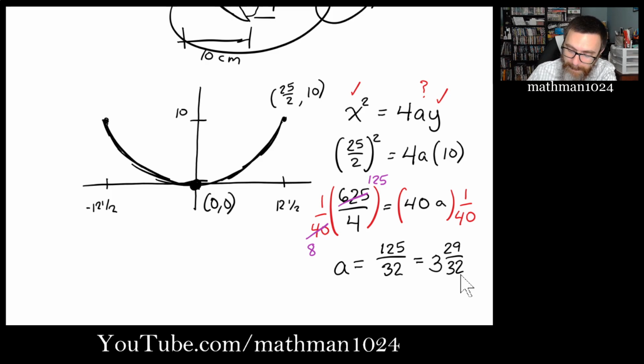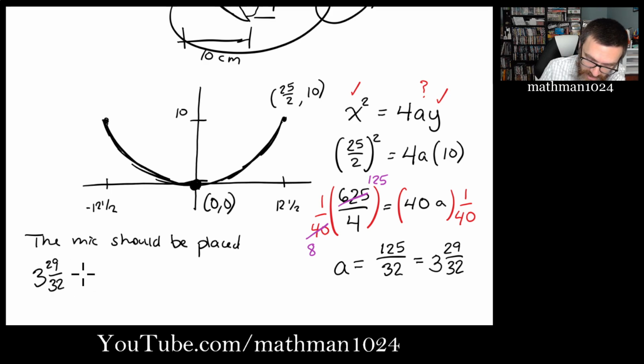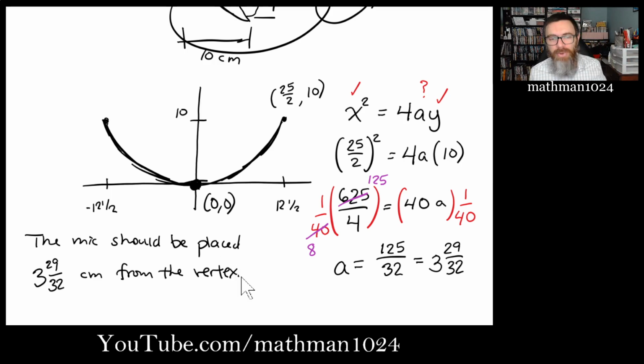Yeah. So where should the microphone be placed to be most effective? The mic should be placed 3 and 29/32 centimeters from the vertex, inside the parabola naturally.